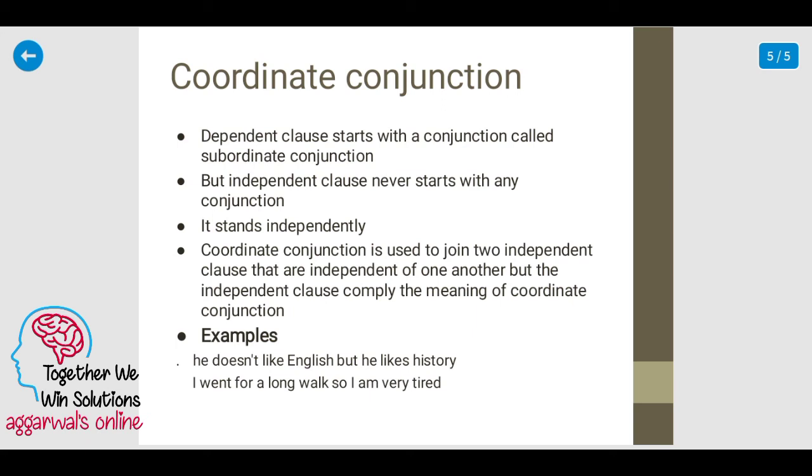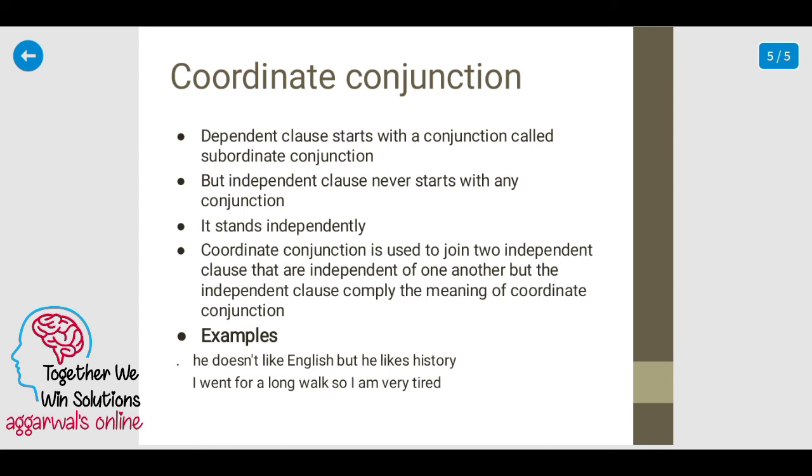It stands independently. See, a coordinate conjunction is used to join two independent clauses that are independent of one another, as I already told, but the independent clause complies with the meaning of the coordinate conjunction. Though an independent clause does not start with a coordinate conjunction, it always follows the meaning of the coordinate conjunction.